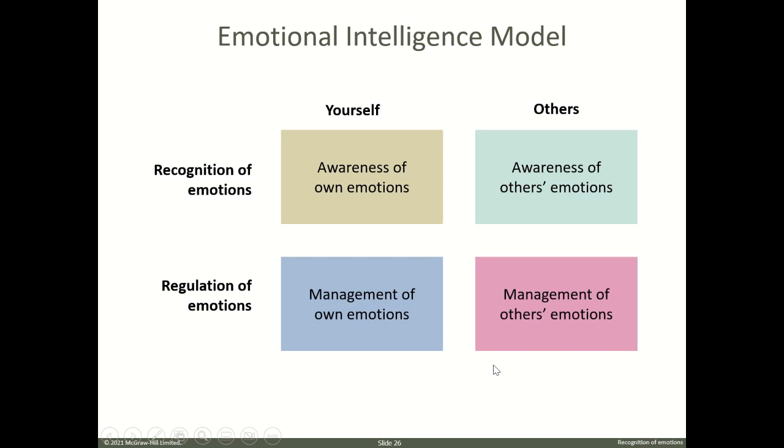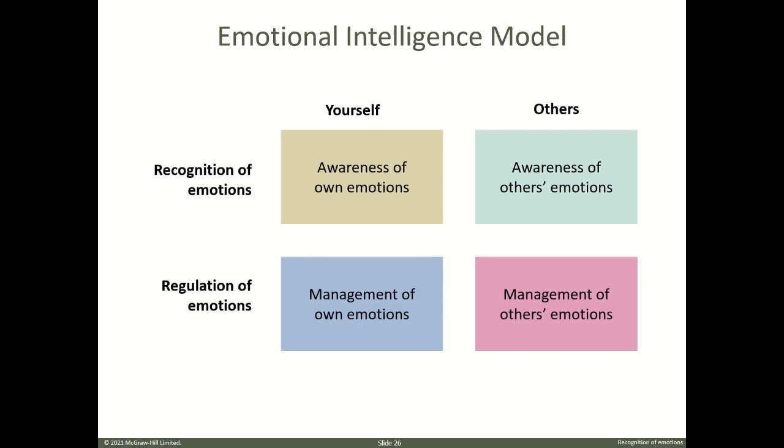Now, the emotional intelligence model is in front of you, which says that there are four things. Recognition of emotions means about yourself, being aware of your own emotions. Second, regulate your emotions, meaning manage your own emotions. First of all you should be aware of your emotions, second, you should be able to manage your emotions.